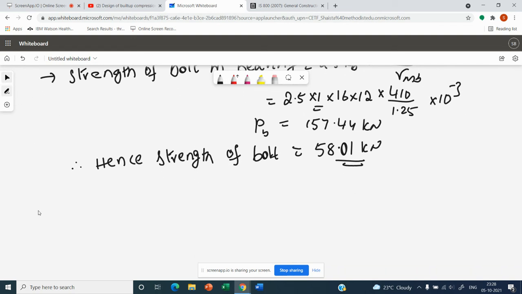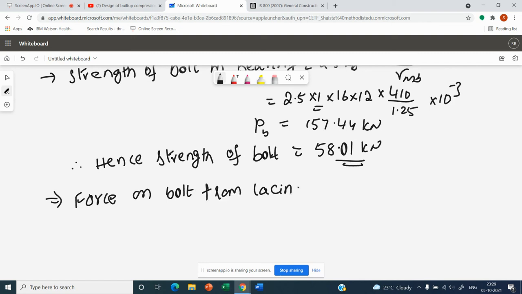So force on bolt, we have to first find out force on bolt. This is the design of connection. What force is coming, how much force is coming on the bolt from the lacing flat.